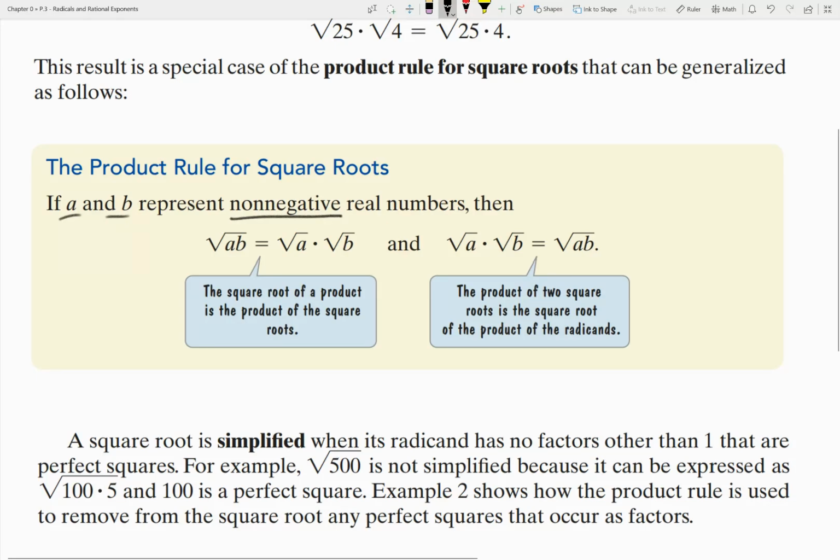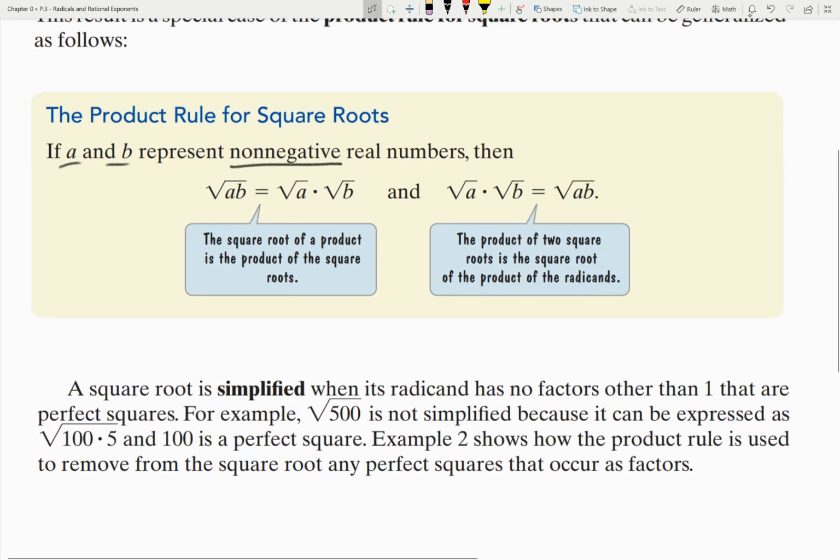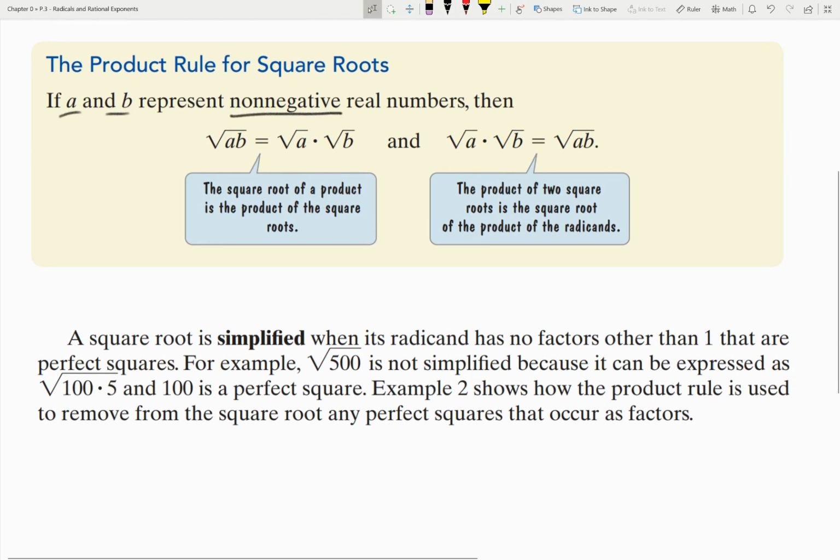This is also with variables we're talking about here. But by using the product rule and realizing that the two things inside of the radical must be non-negative, we don't need to worry about that at all. And we can pull two radicals apart or put them both together with the goal of simplifying it.